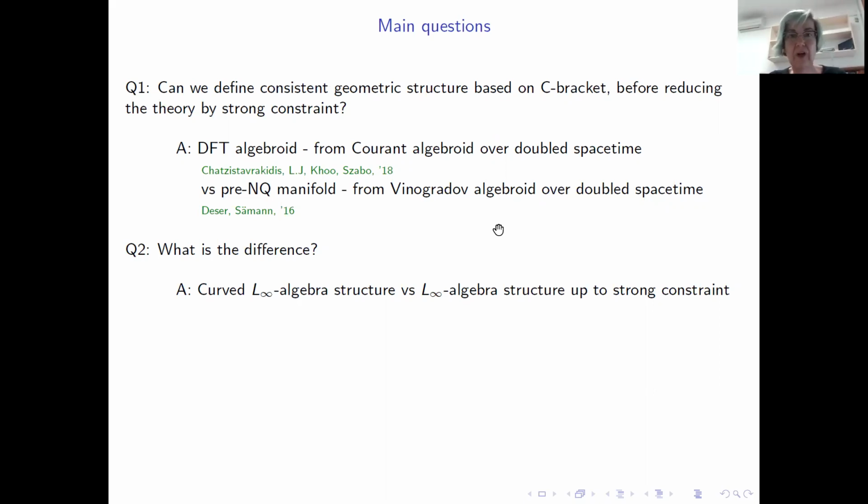And for us, the easiest way to see it is through construction of L-infinity algebra, basically. What we did, we saw recently that with this given geometrical data, we can construct something which is called curved L-infinity algebra structure, while Andreas and Christian constructed L-infinity algebra structure, but homotopy relations defining this L-infinity algebra were closing only up to strong constraint.